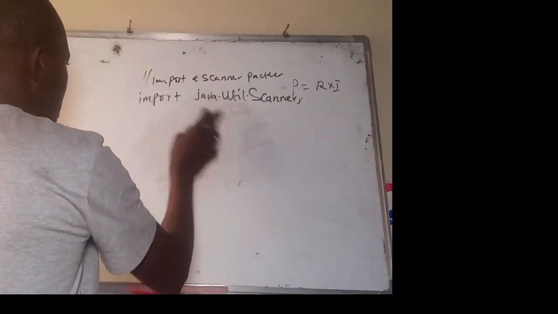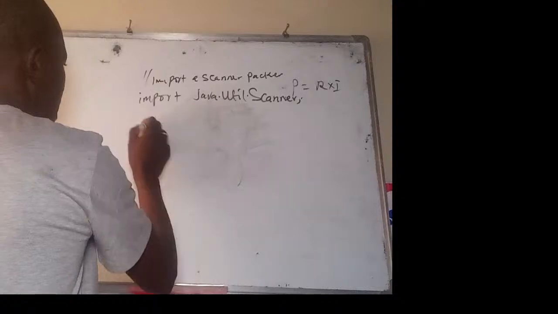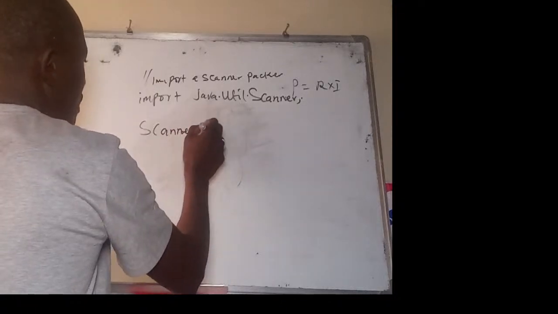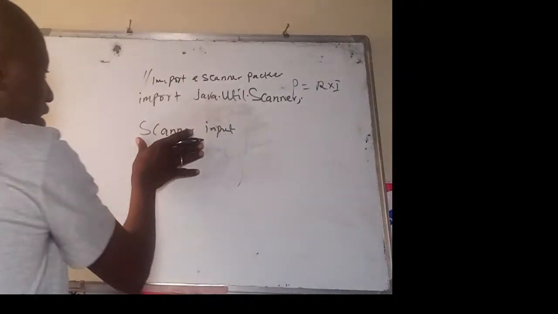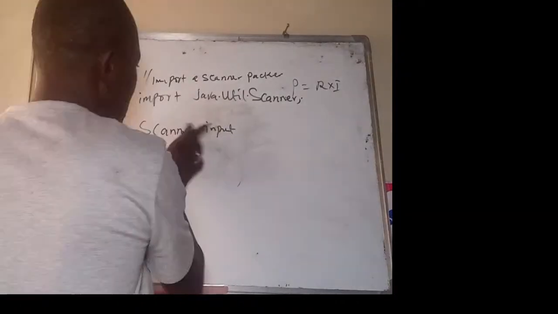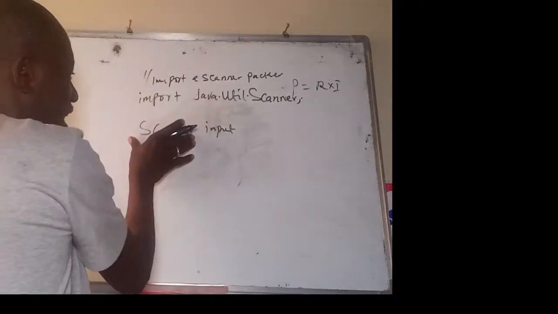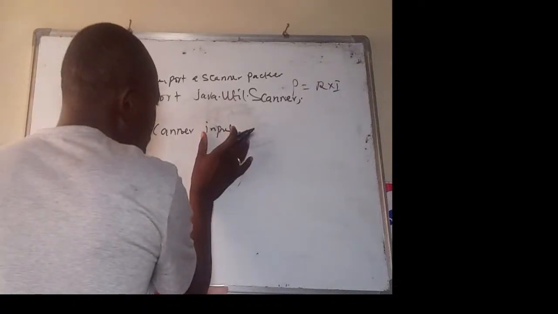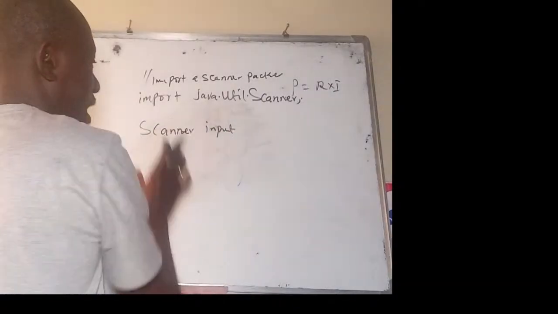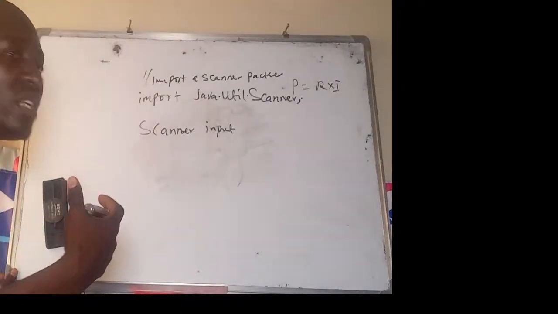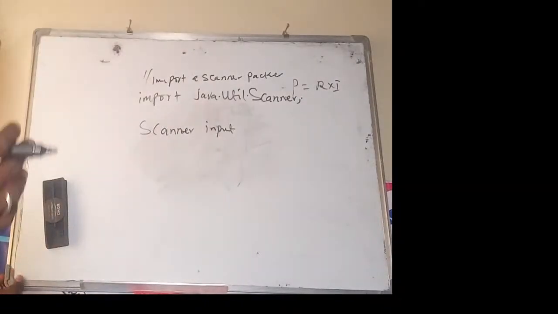To create this class, we have Scanner, then we have input. This is standing as the object, and it looks as if we are declaring a variable called input with a data type called Scanner, but we are not doing that. I'm just giving you an instance of this so that you can be well familiar with it.